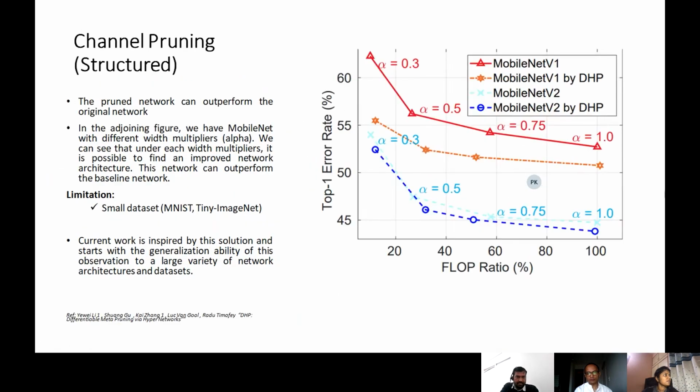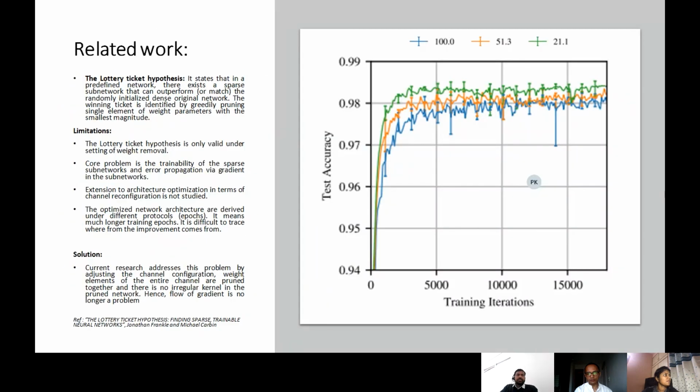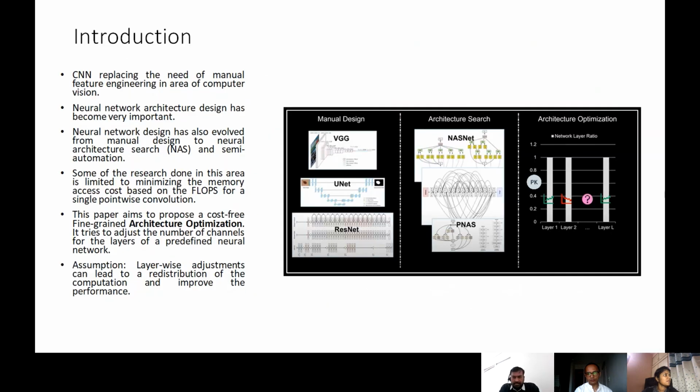With the advancement of deep learning, the manual feature task has been overtaken by the convolutional neural network. Because of this, the neural network architecture has taken center stage in this area.